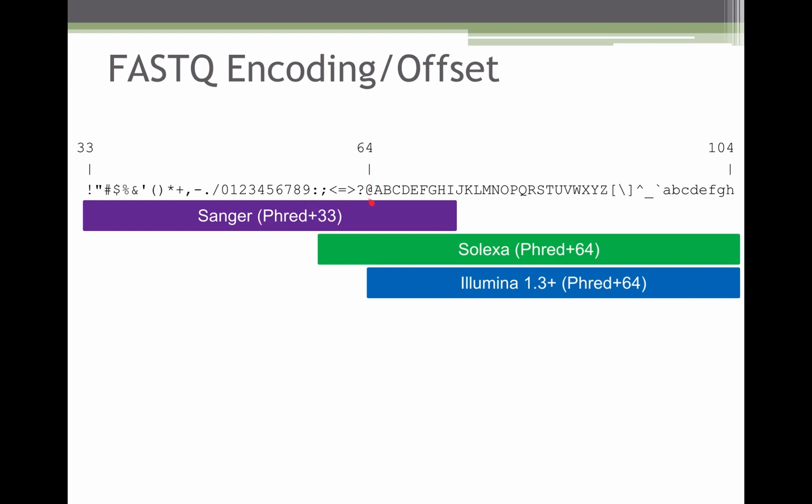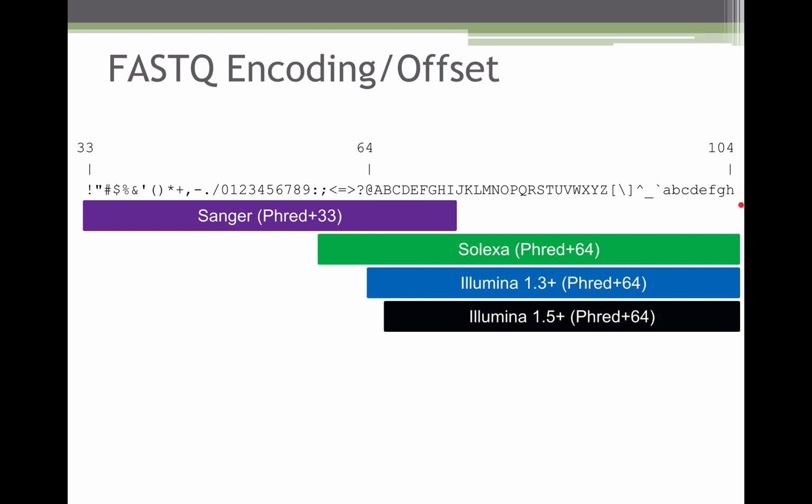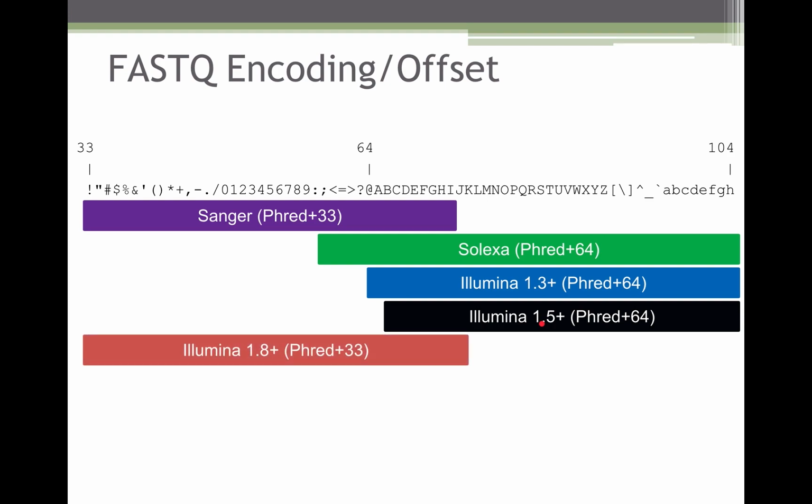So they used this range of characters to represent quality in their FASTQ files. And subsequently, they changed this again a little bit and had a different scale that they were using in this particular version of their sequencing formats.